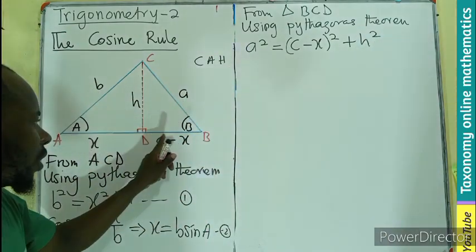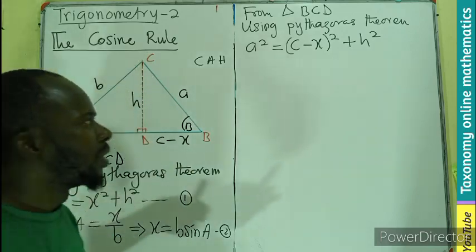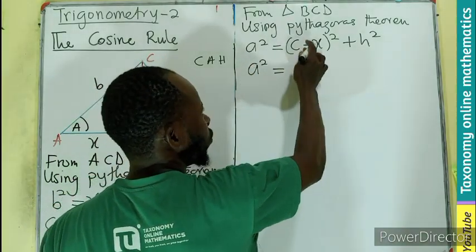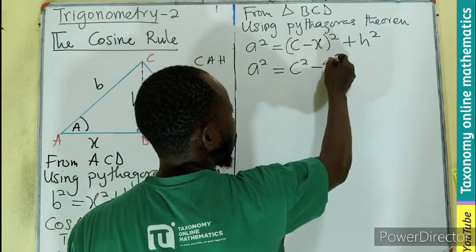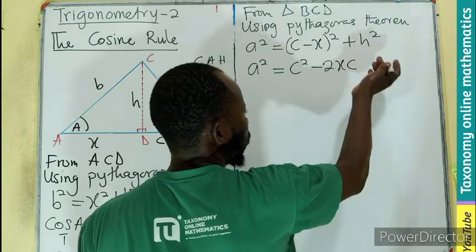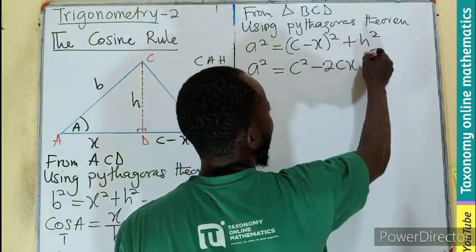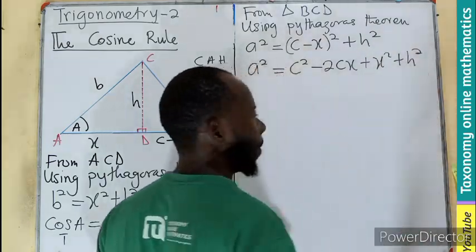You can see the shorter sides are c minus x, then h. Let's expand this bracket. a square equals square the first, c square, minus twice their product, 2cx, then we square the last, x square, plus h square.